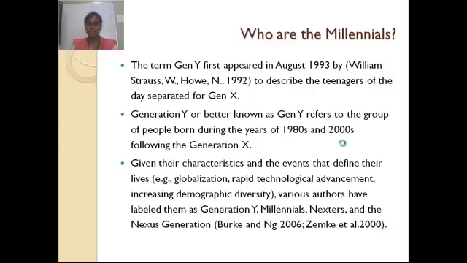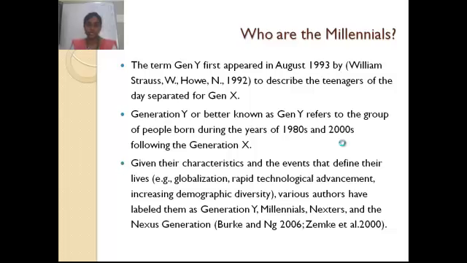The millennials are nothing but the Gen Y, and the term Gen Y was first coined by William Strauss and Howe in their book when they described the teenagers who were present in the year 1992 to 1993, and they coined the term because they wanted to separate that generation from Generation X. Now, Generation Y, or the millennials, as we are referring to them today in our slide, are teenagers who were born between the 1980s to the 2000, and they follow the Gen X. Now, there are numerous characteristics of Gen Y, and based on these characteristics, they also have several names.